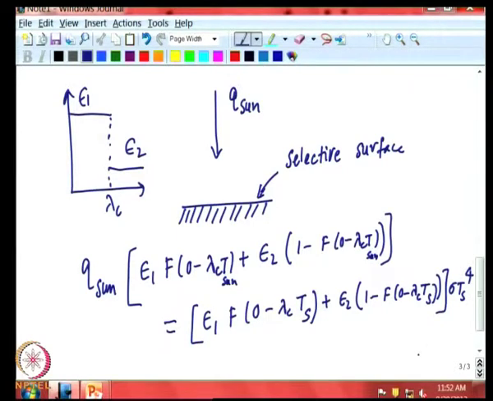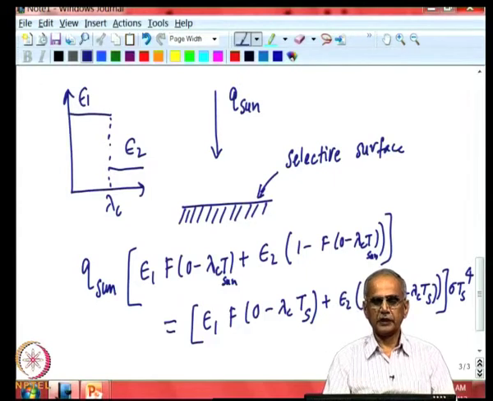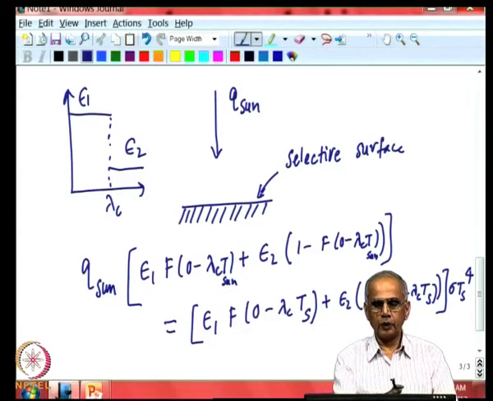We have neglected here the cosmic background radiation coming on the surface. We will include that subsequently, because that is very small. So, the only two processes occurring are photons coming from the sun being absorbed by the solid surface, and at the same time the solid surface emitting radiation depending on its temperature T s.